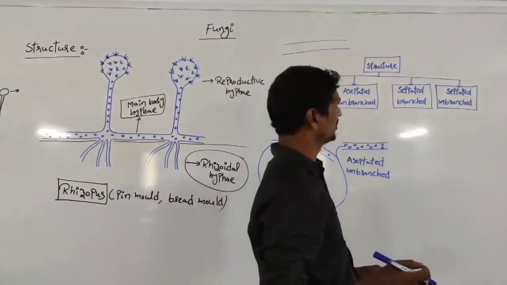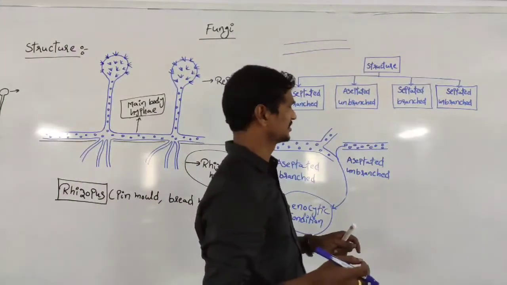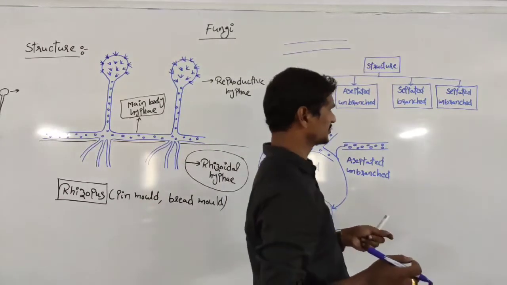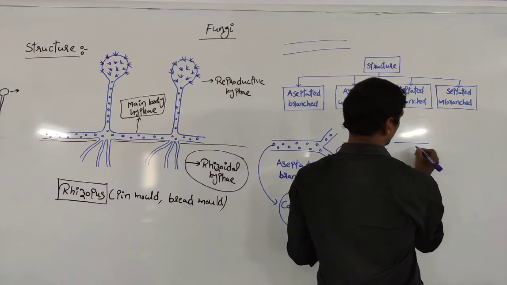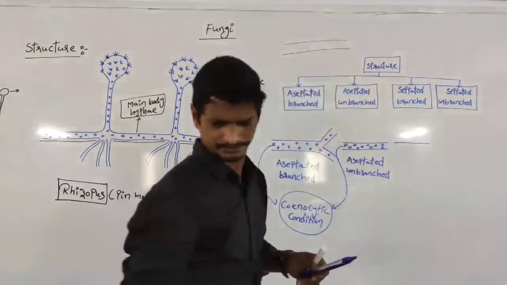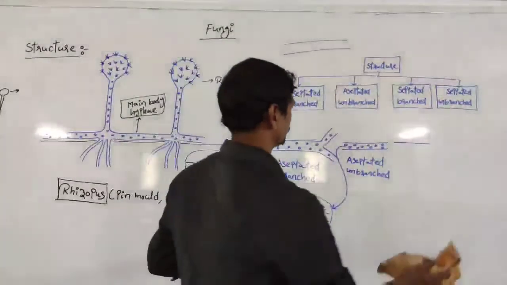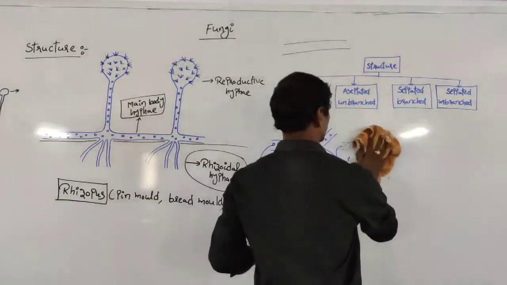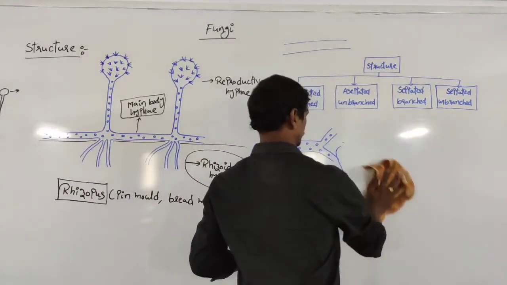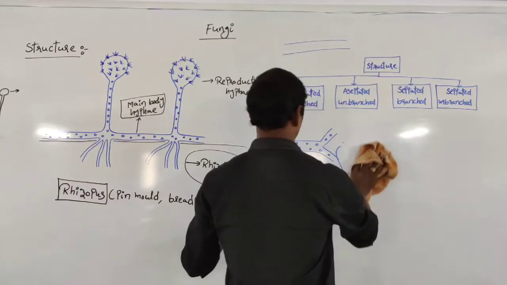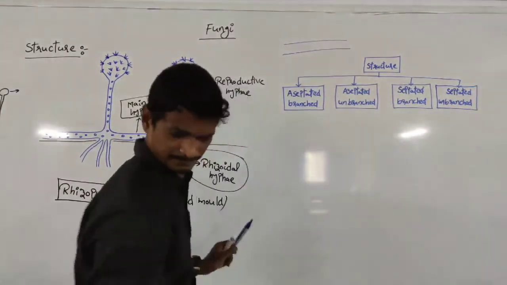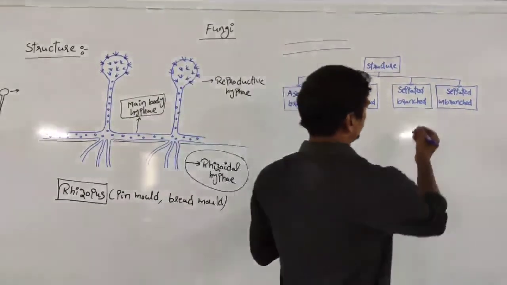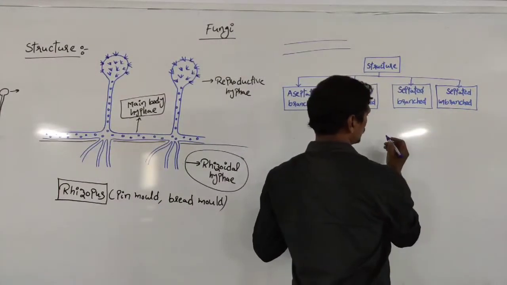Coming to the next one, the septate branched. Septate means septa are present. So this is the septate and branched.